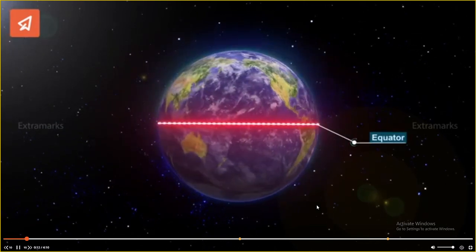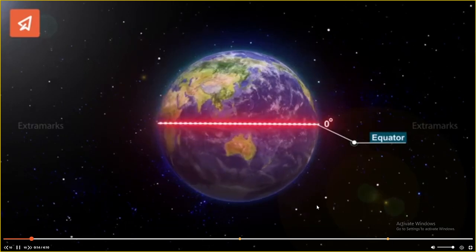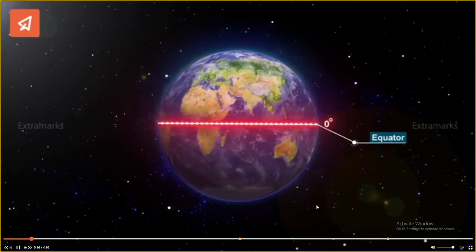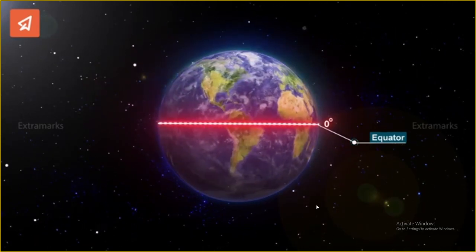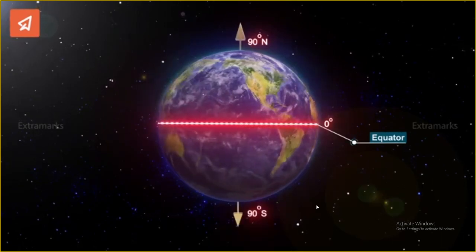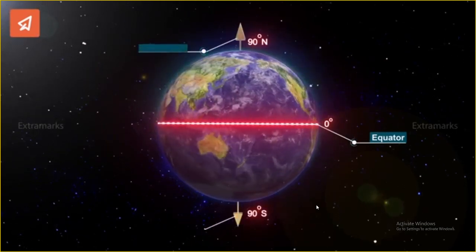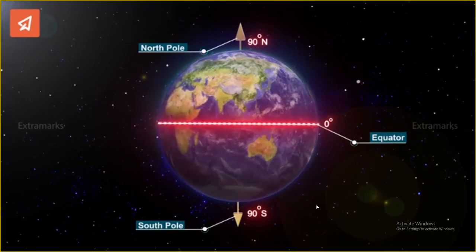Yes, it's the equator, which lies at 0 degree and is the longest parallel of latitude. Can you also remember the latitudes that lie at 90 degree north and 90 degree south? Yes, it is the North Pole and the South Pole respectively.